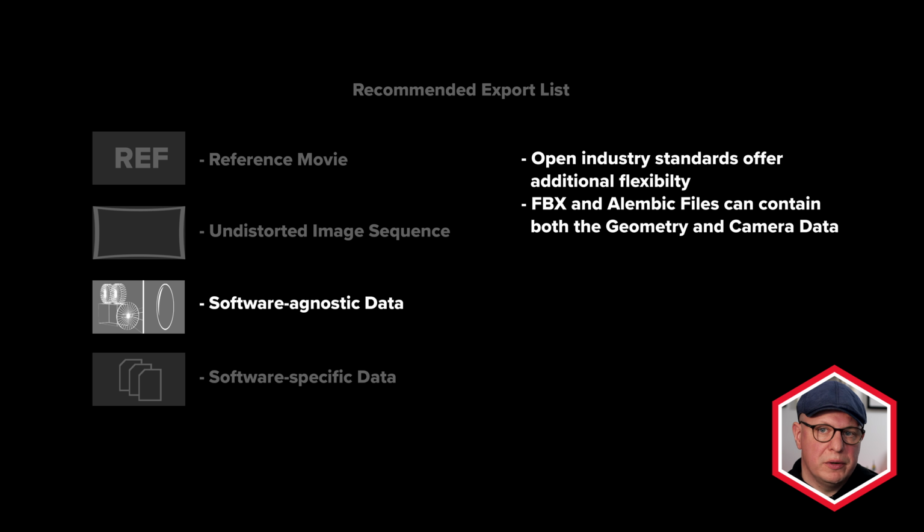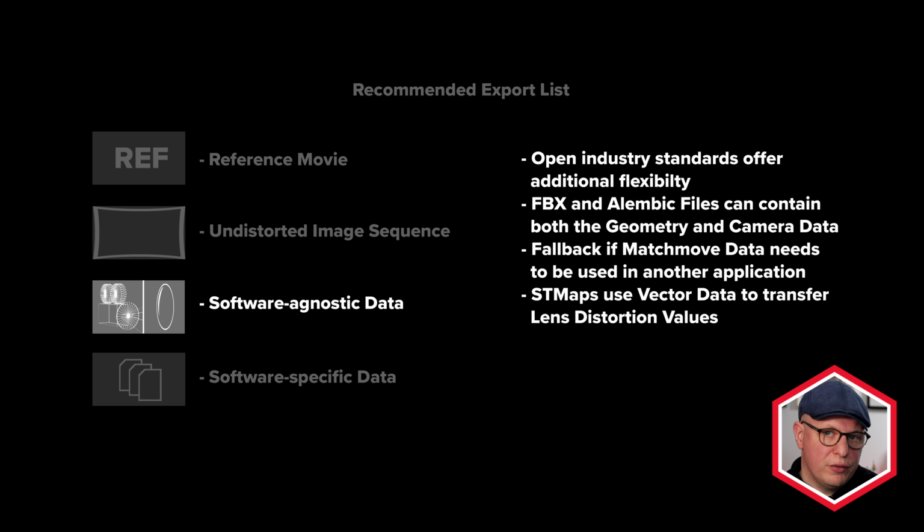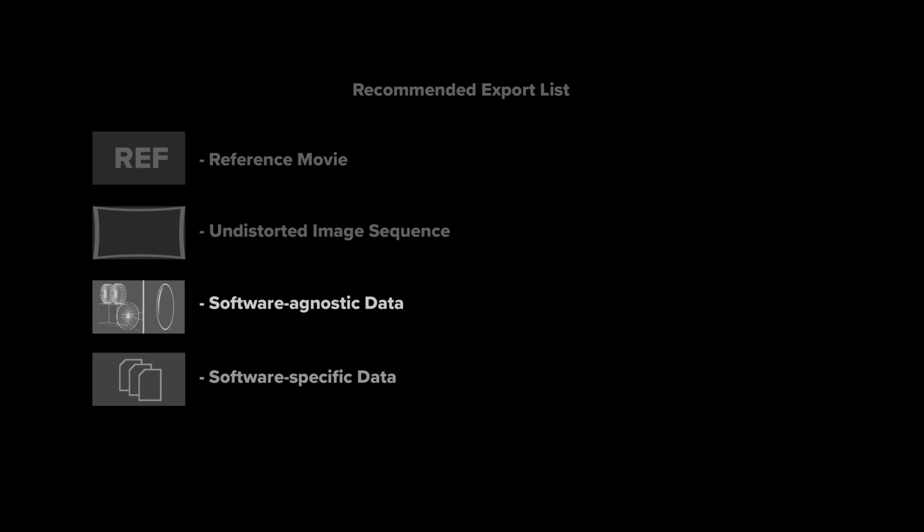While they are somewhat limited by the type of data that they can contain, I would consider it common courtesy to include these in your export as a fallback, as it gives anybody in the pipeline the flexibility to use your data in a number of software packages without having to come back to you and ask for yet another export. And never forget about lens distortion. While ST maps don't offer any post-export editability, they are not only readable by all relevant CG and compositing applications, they also work with any kind of lens distortion model.